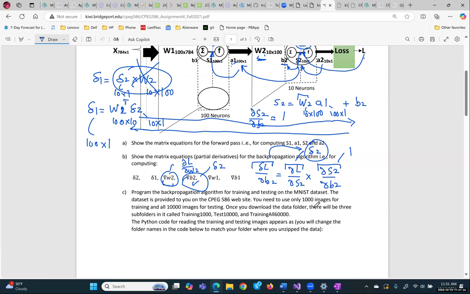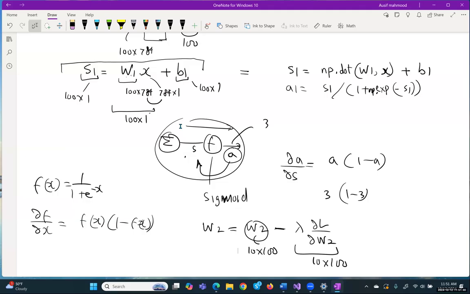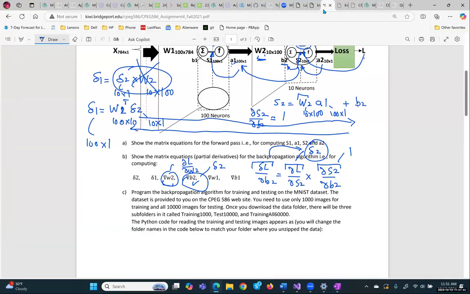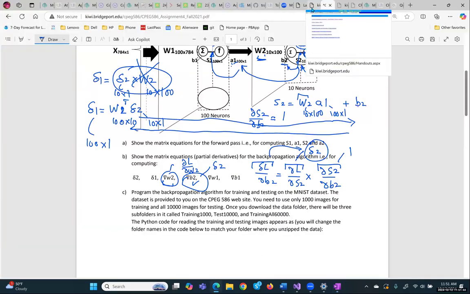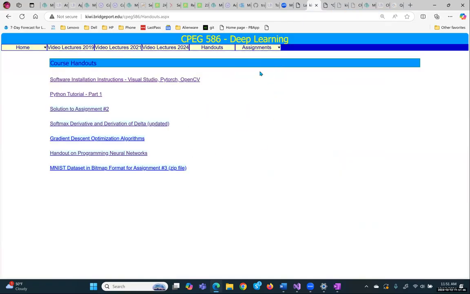How do we read the data set? First of all, let's go back to the data set. If you go under the handouts, last semester, or one of the previous semesters when I taught this course, this particular assignment was number 3.